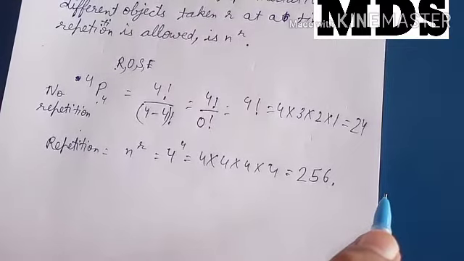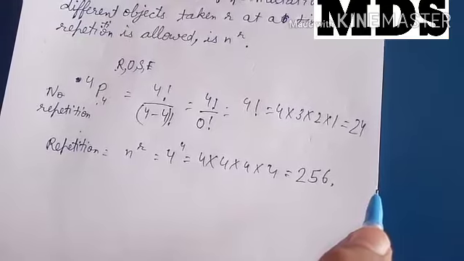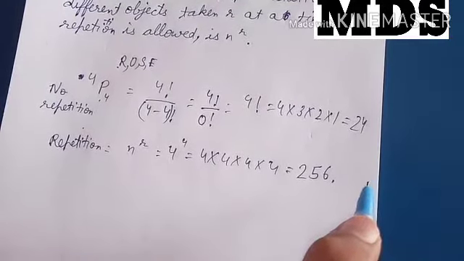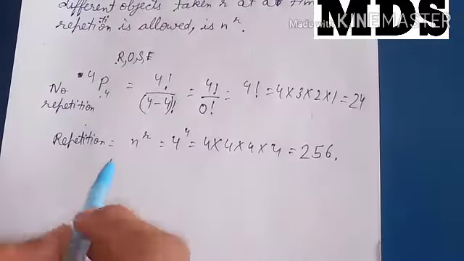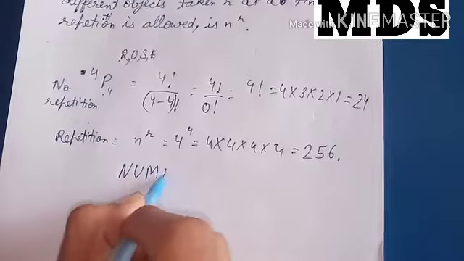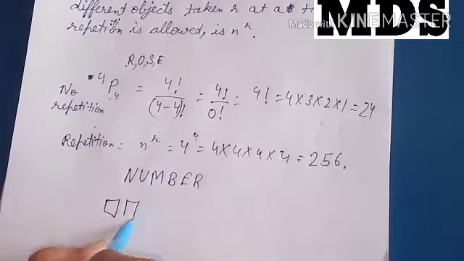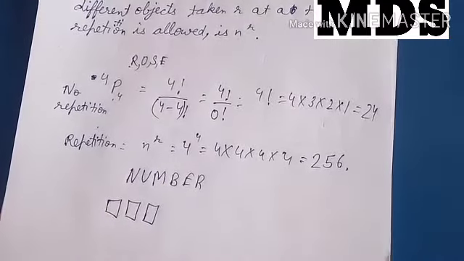Okay, and now another example if we discuss. It was given that we have the word NUMBER, and we have to make 3-letter words from it, with or without meaning.